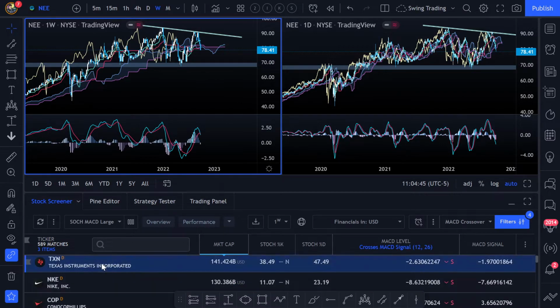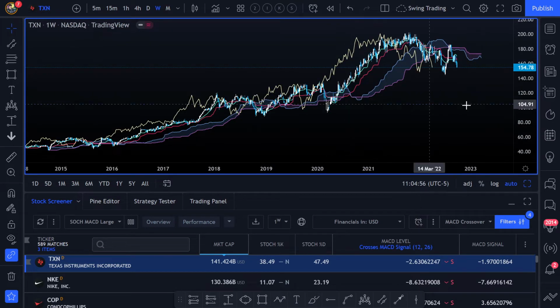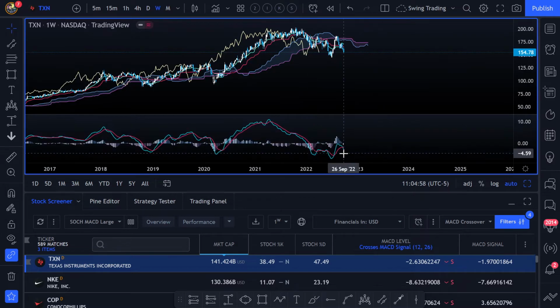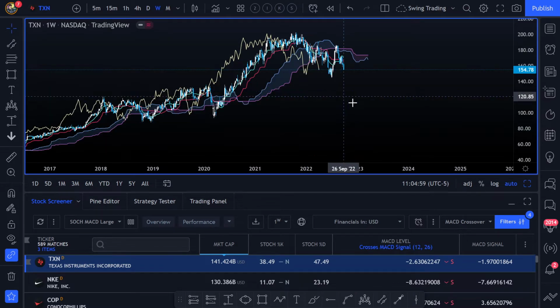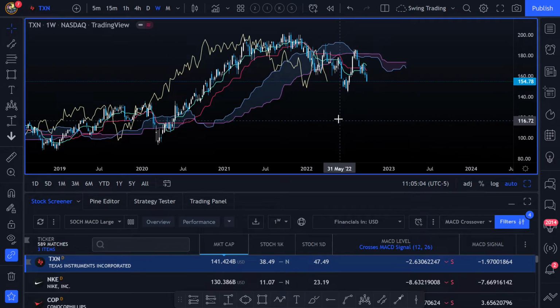So next one, Texas Instruments, another tech company belonging to the Nasdaq stock exchange. Weekly bearish MACD crossover, another one going lower.